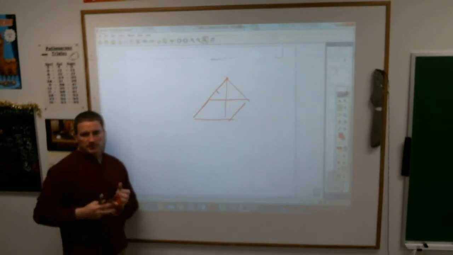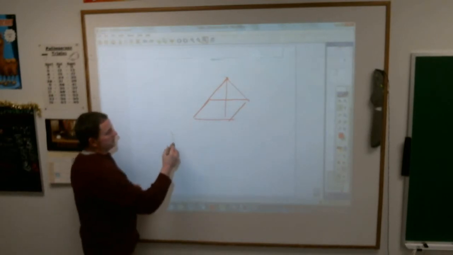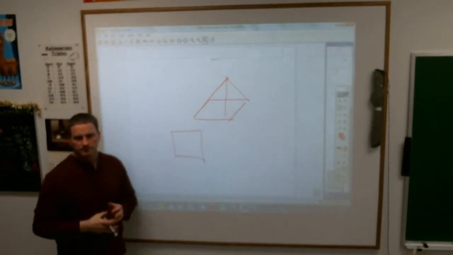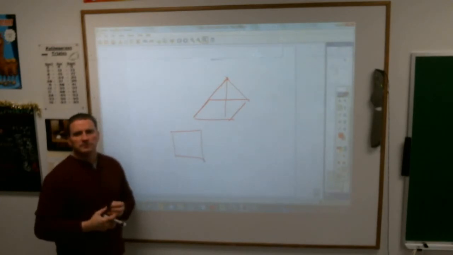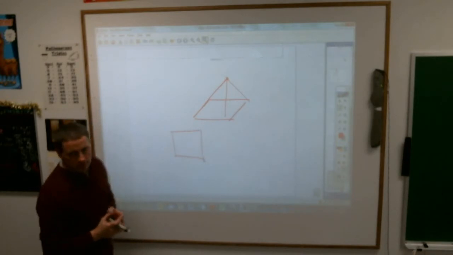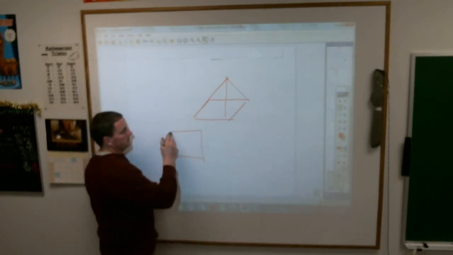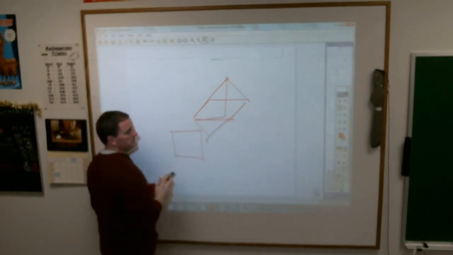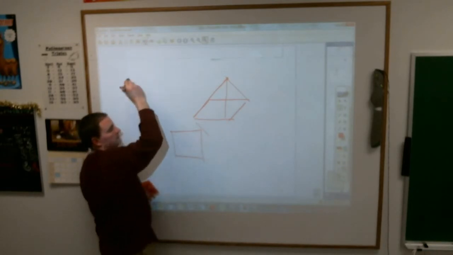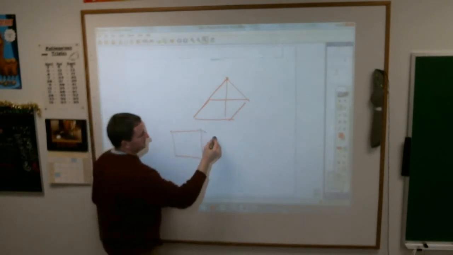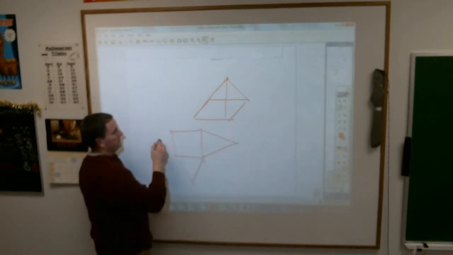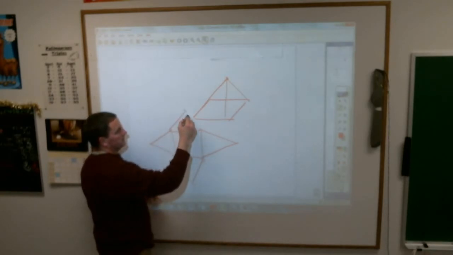Well, first you'd have like a square. Alright, let me draw my square. Here's my square, and then what? Then you'd have like 4 triangles. And where do they connect? You would put one on that corner. Here? Yeah, there. Here? Yeah. This, and then this, and then this, and then this.